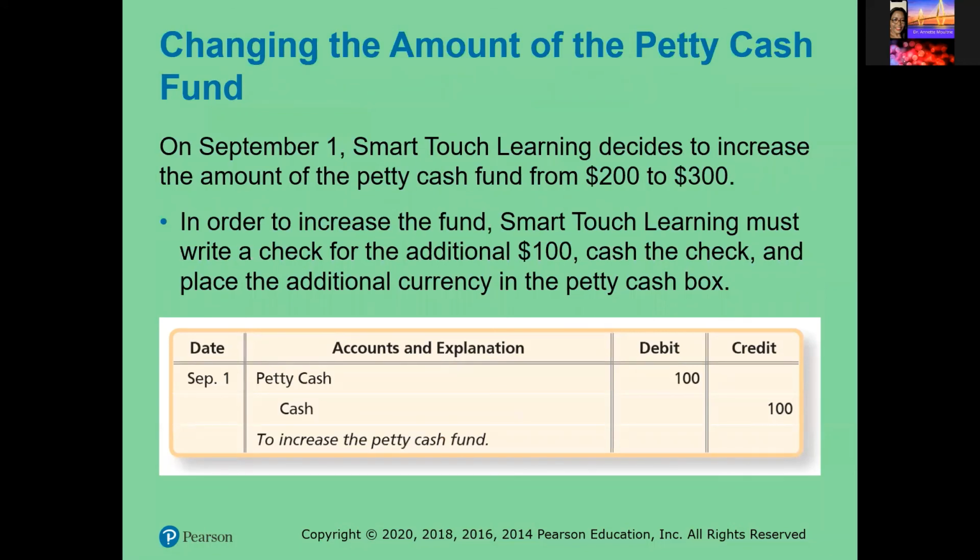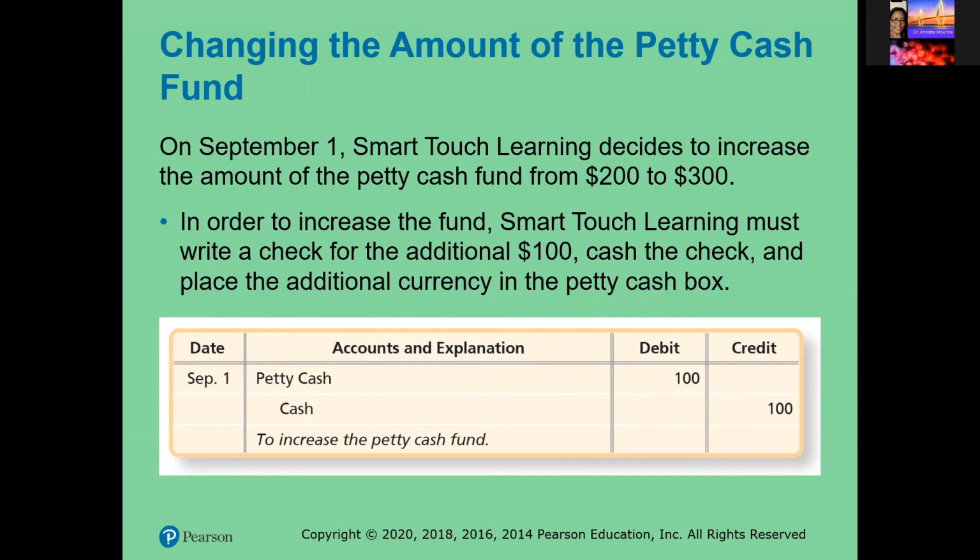On September 1st, Smart Touch Learning decides to increase the amount of the petty cash fund from $200 to $300. In order to increase the fund, Smart Touch Learning must write a check for the additional $100, cash the check, and place the additional currency in the petty cash box. So petty cash is debited and cash is credited.